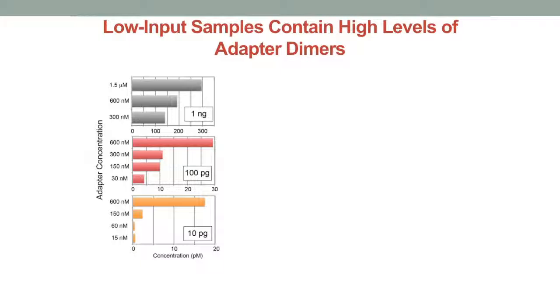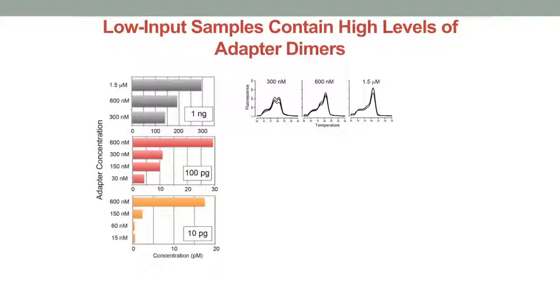Quantifying how much converted library we have showed that increasing the amount of adapters at 10 picograms, 100 picograms, and 1 nanogram increased the amount of converted material we had. You can see significant improvements at the high adapter amounts for 10 picograms and 100 picograms. So how much of this was adapter dimers and how much was actually converted library? At the 300 nanomolar adapter concentration for 1 nanogram, you can see a double peak, where the left represents adapter dimers and this is our converted library.